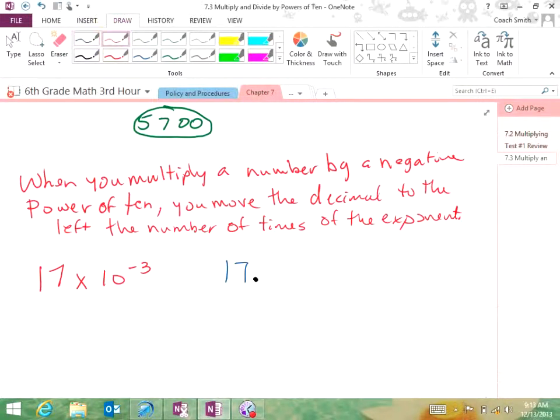So I would take that decimal and I'd move it once, twice, 3 times. And I need to plug in a 0 right there. So the decimal then would be right there. So my answer would be 0.017.